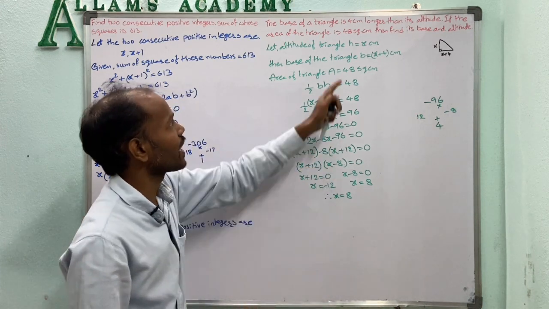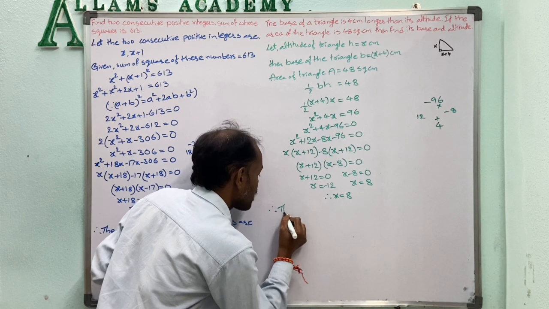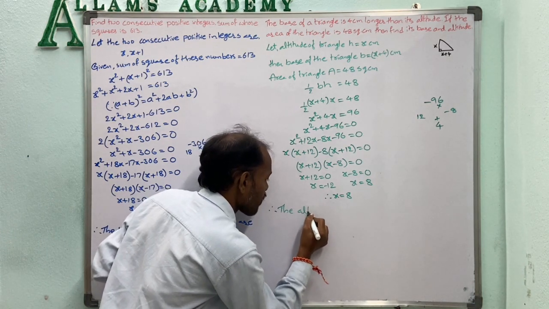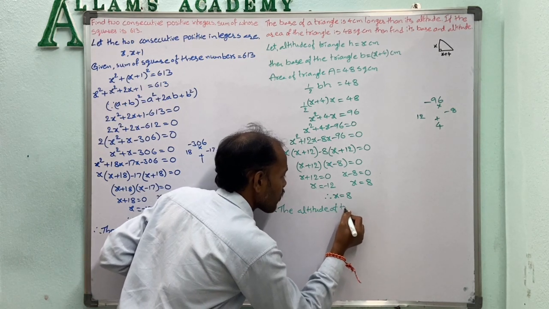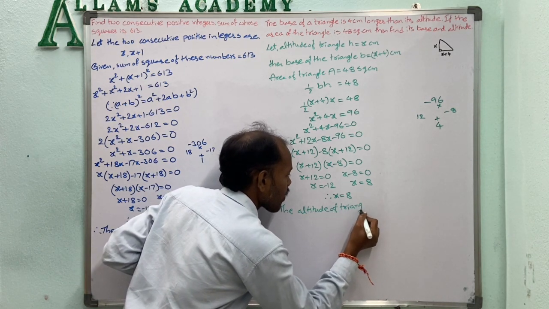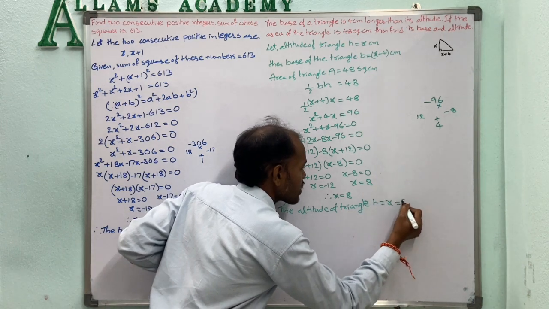So x indicates the altitude of the triangle. Therefore the altitude of the triangle, h equal to x equal to 8 centimeters.